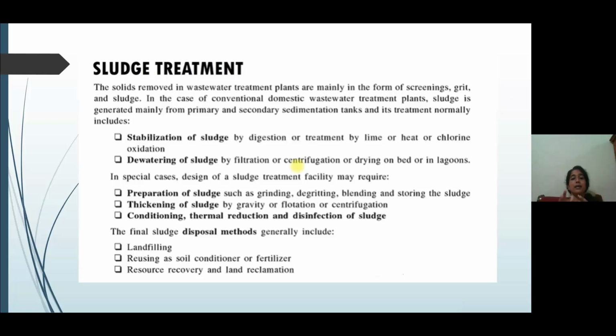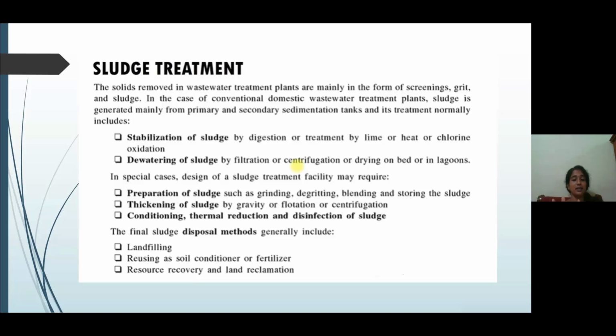In the initial form, it will be in a liquefied form, so we have to thicken the sludge in order to reduce the volume and for easiness of the dewatering system. Then there is conditioning, thermal reduction, and disinfection of sludge.